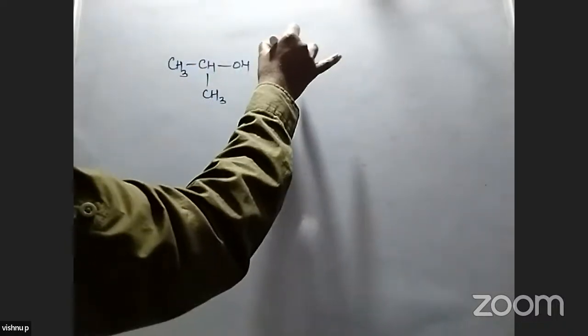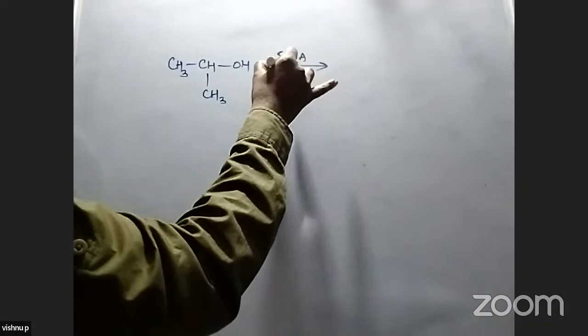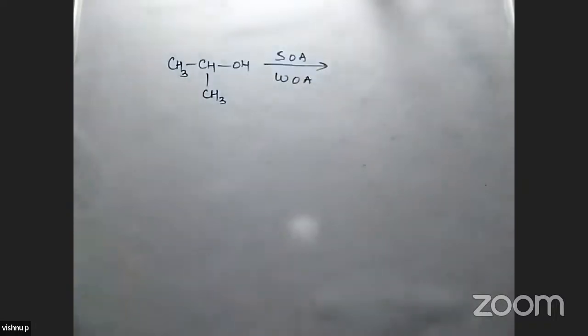But if we take a secondary alcohol, we can use any type of oxidizing agent. What is a secondary alcohol? CH3CHOHCH3. Do we use a strong oxidizing agent or a weak oxidizing agent?